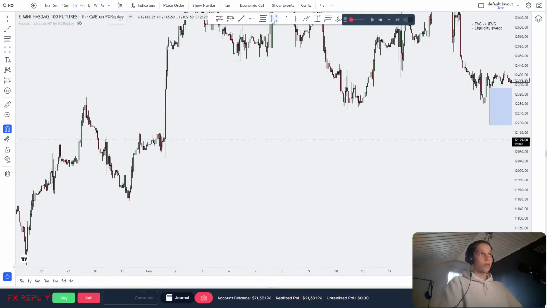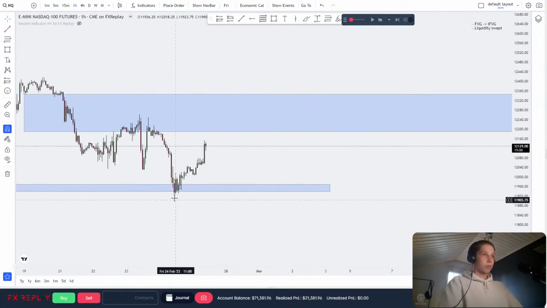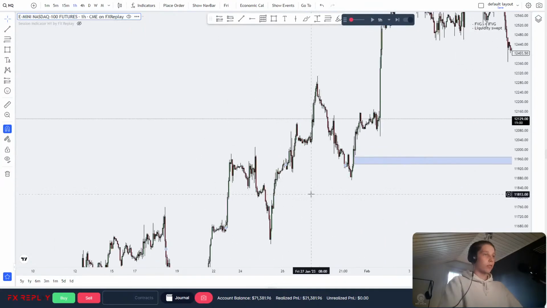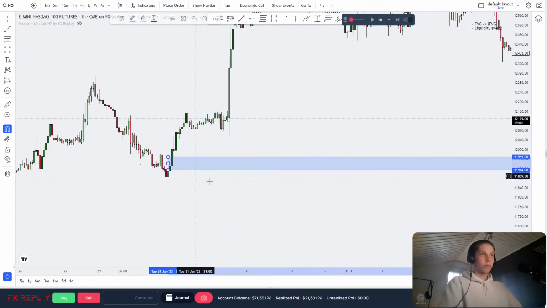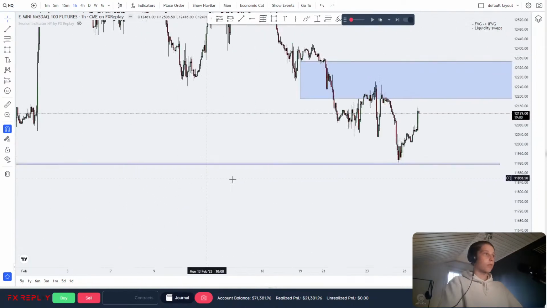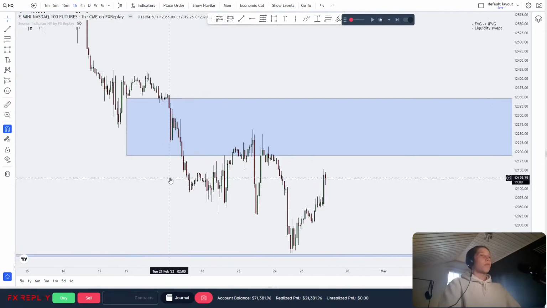Sure, there is an hourly fair value gap, for example, here. You can see how this body kind of violates that, but it's not too big of a deal, I guess. This whole area is in general a fair value gap. This didn't even get tapped, but that's not so important.